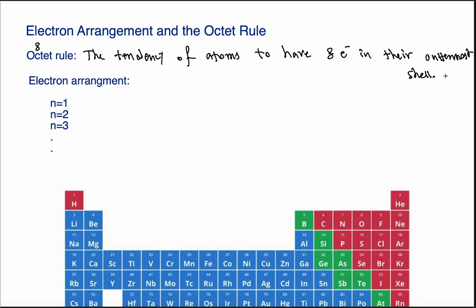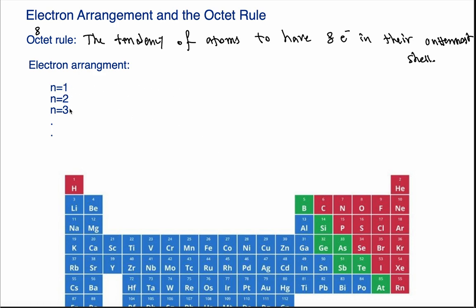And if you recall, we said outermost shell is the last energy shell around the nucleus where it is occupied by the valence electrons.